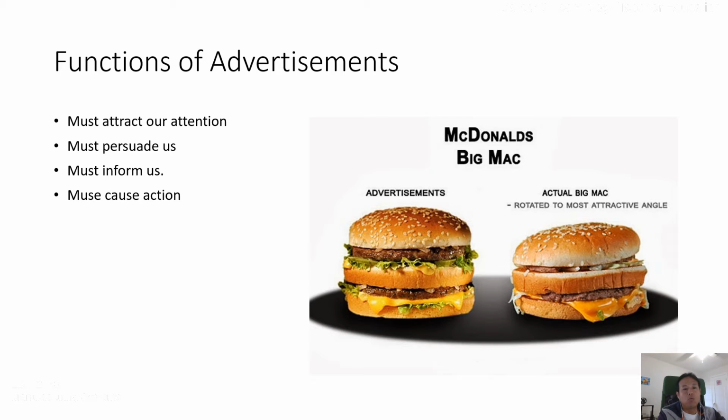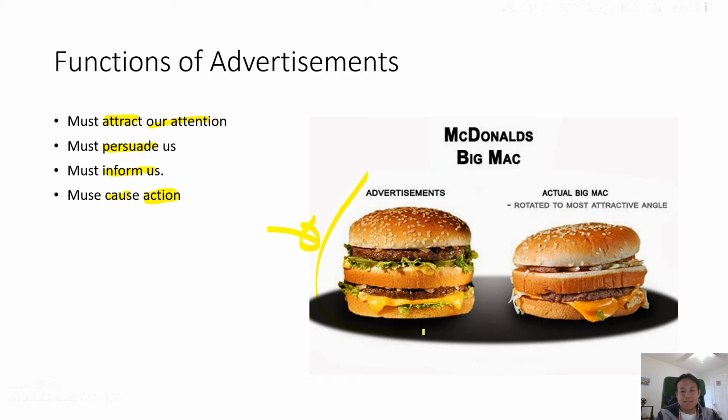You should be aware of four things when designing an advertisement. First is attract our attention, and second is persuade us, inform us, and cause action. So attract, persuade, inform, and action. These are key highlights for advertisement. Here is an example, McDonald's.